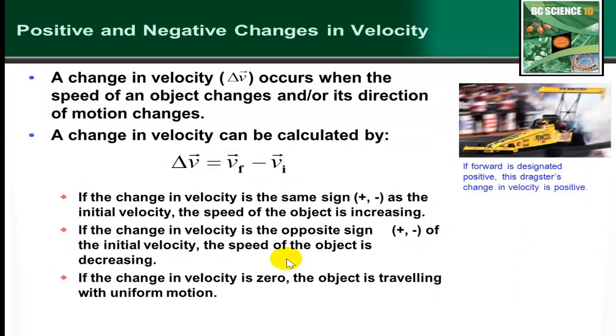So take the dragster. If forward is designated as positive, we would say this dragster's change in velocity is positive. It's in the forward direction, in the same direction as the change in velocity.